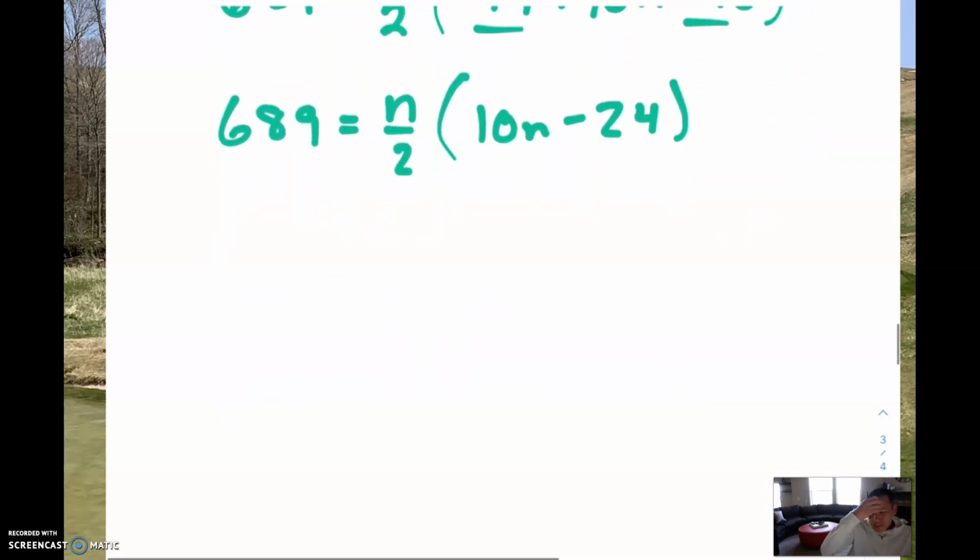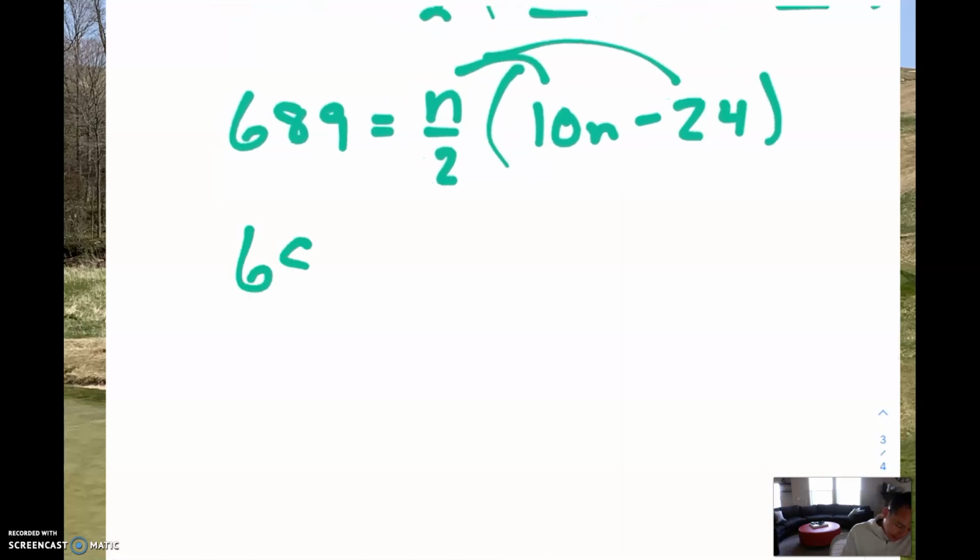Now, however you want to solve this from here, it's completely up to you. There's a bunch of different ways that you can. I'm just going to distribute this. So we are going to do 689 equals, if I take n times 10n, that would be 10n squared, but then divide it by 2, it becomes 5n squared. And similarly, if I take n times -24, it's -24n, cut it in half, dividing by 2, and that's -12n.